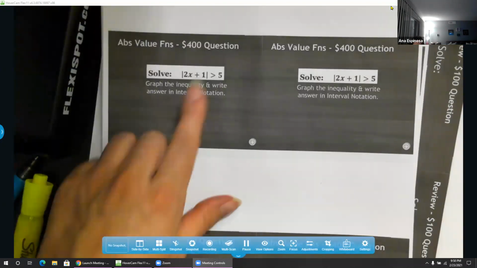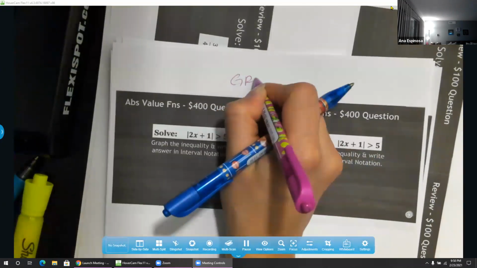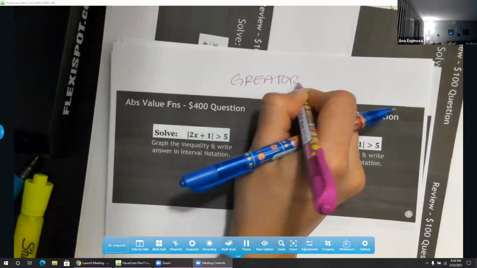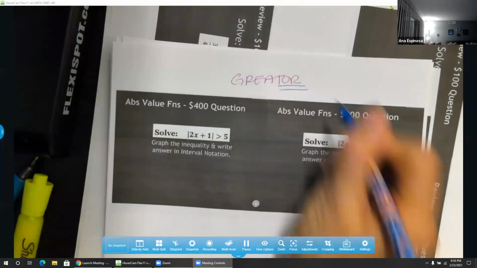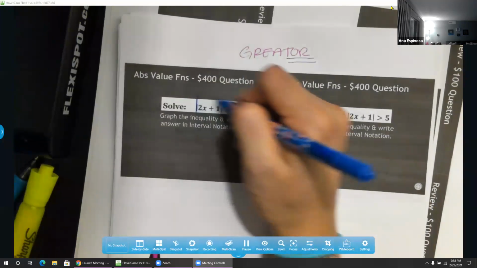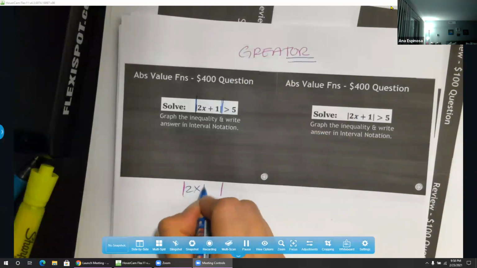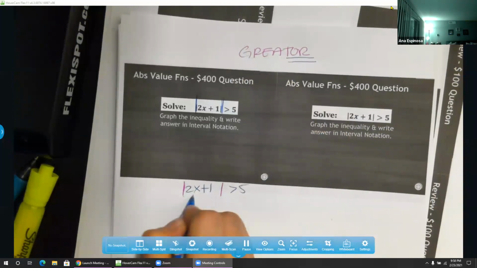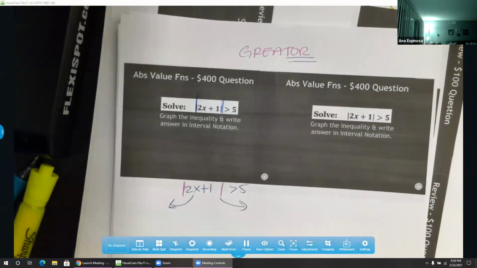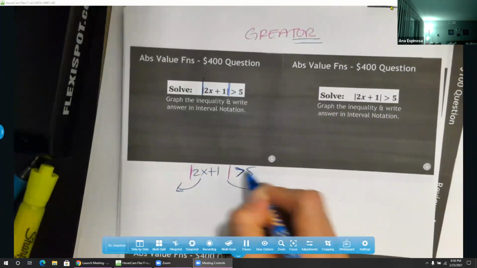All right, this next one is a greater than. Don't get on my case for spelling. It's an or problem. So you do exactly the same thing in the sense that you have your absolute value bars, 2x plus 1 greater than 5. You do the split, knowing that this is a greater than, right?